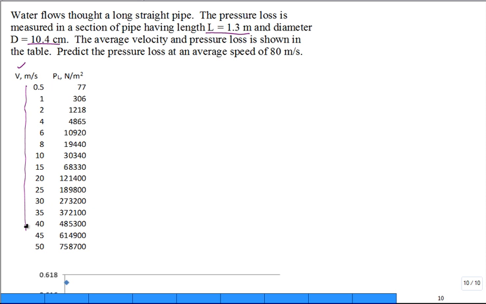They slowly increased the velocity, took some measurements, moved to the next velocity, took some measurements of the pressure loss, and the pressure loss went up as the velocity went up. Predict the pressure loss at an average speed of 80 meters per second. Well, did they make any measurements at 80 meters per second? No, they stopped at 50.